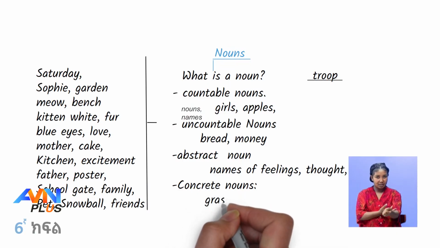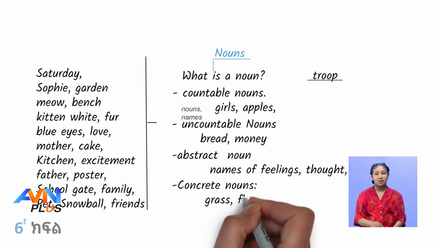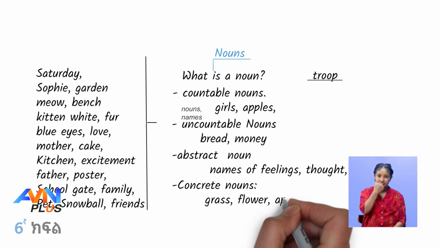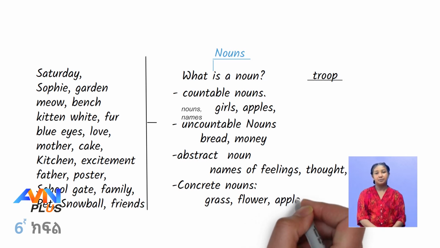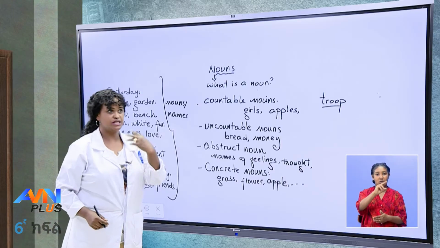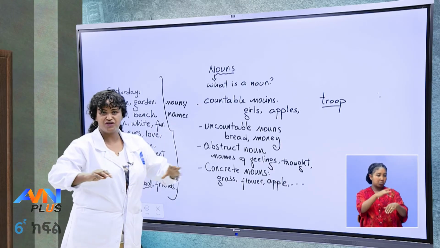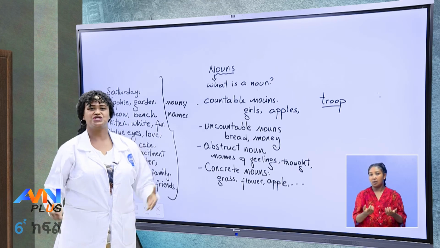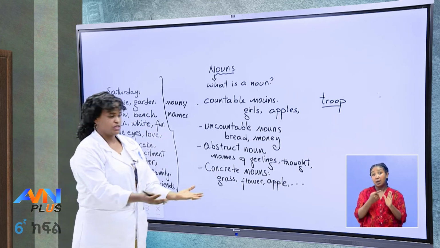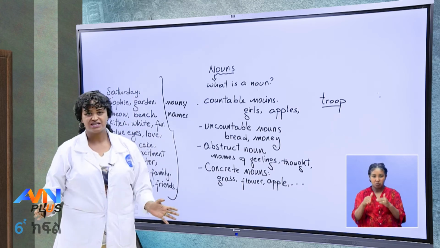Flower. Apple. These are what? Concrete nouns that you can see them or you can touch them, you can feel them, whatever. You can use the five sense organs, sometimes all of them, sometimes some of them, but these are concrete.